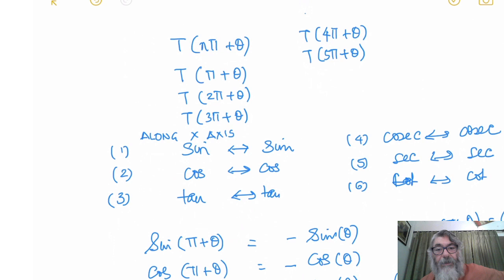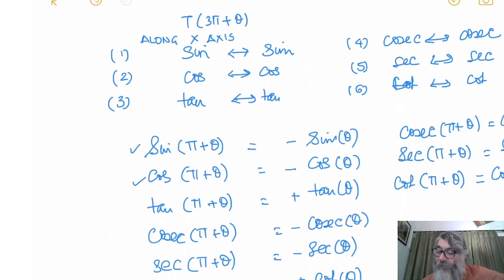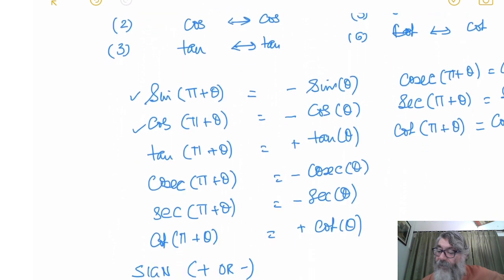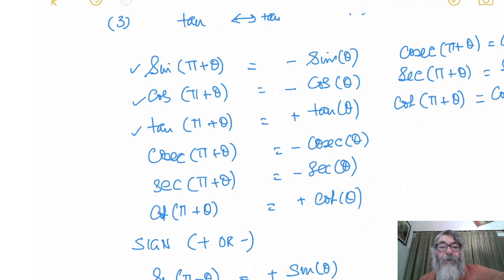Sine will remain sine, cos will remain cos, tan will remain tan. But whether it is negative or positive will be decided by the ratios on the left hand side. They will be decided by these values, where you see the tick mark. Because of that, the sign will change here. So I discussed pi plus theta and pi minus theta.